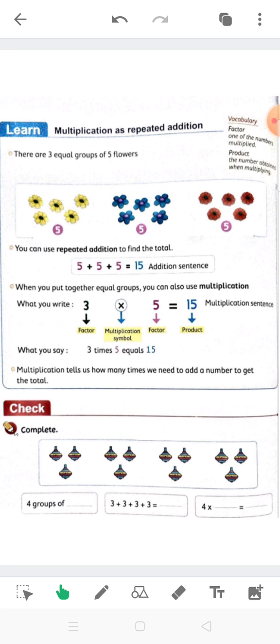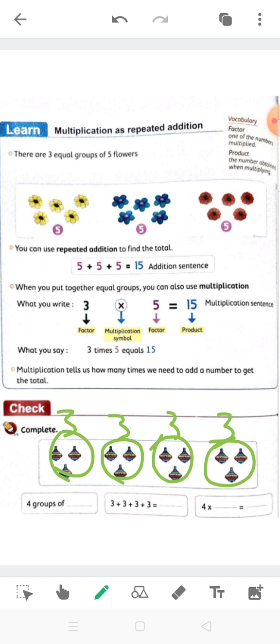Okay, let's see here. How many groups do we have? I've got 4 groups. Each group contains what? Contains a 3. 3, 3, 3, 3. So, this is 1, 2, 3, and 4. 4 groups of 3.